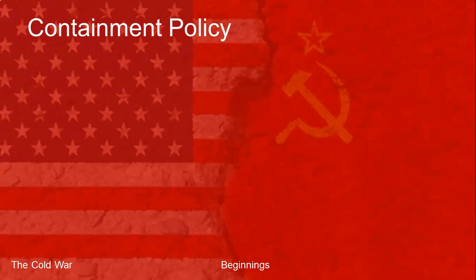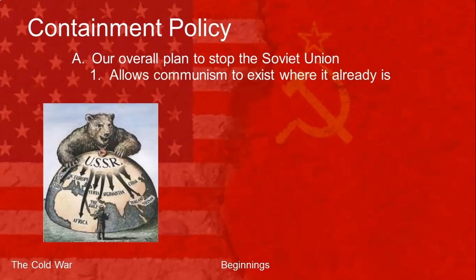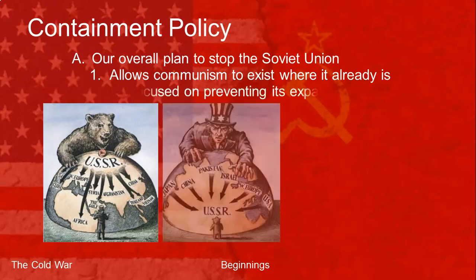Now, to fight the Cold War, our plan to stop the Soviet Union is called containment. Containment is going to allow communism to exist where it already is. So the Soviet Union, Eastern Europe, communism is going to exist there. But we call it containment because we're going to work on not allowing it to spread.